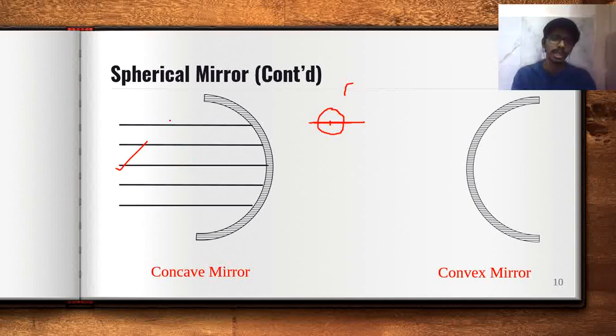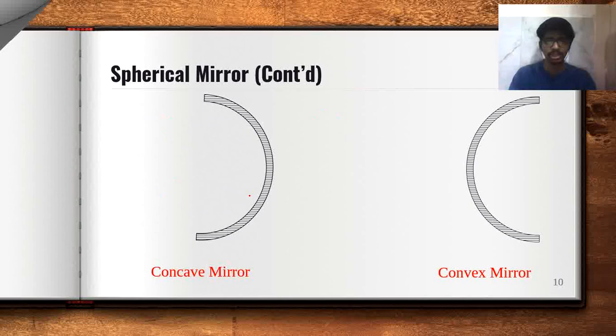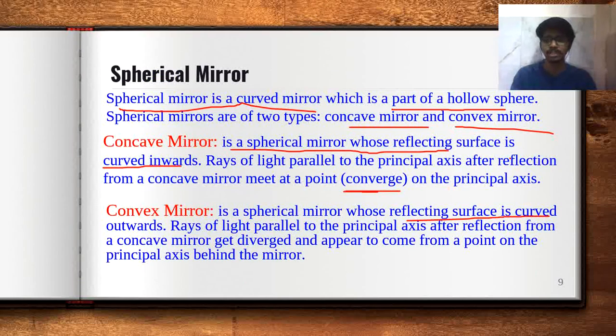So this is the principal axis, and these are incident rays. All incident rays are parallel to each other and to the principal axis, and after reflection, they move towards each other. These reflected rays move toward each other, so here is the point where they converge.